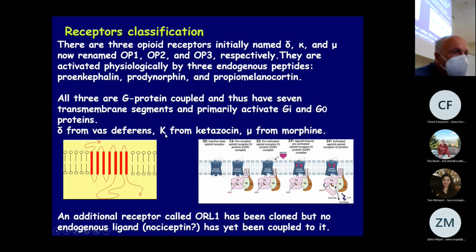K, kappa, from ketazocine. Ketazocine is a derivative of morphine, selective for this subtype. And mu is M, from morphine, because morphine is quite selective for this subtype.